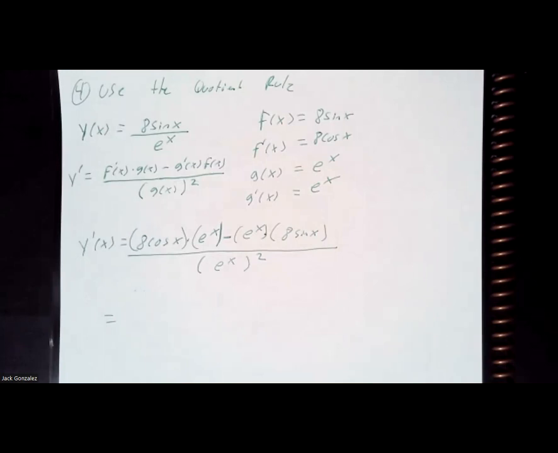Yeah, negative is only for the derivative of cosine. Derivative of cosine is negative sine. Derivative of sine is positive cosine.